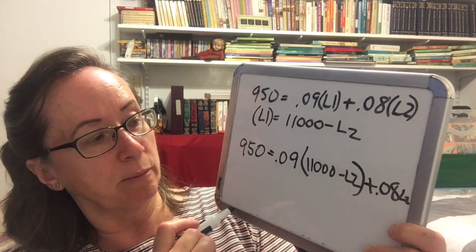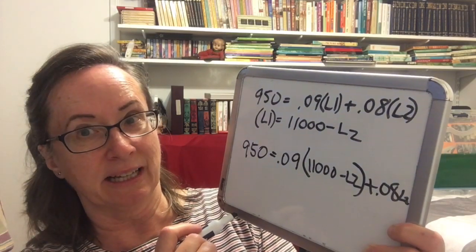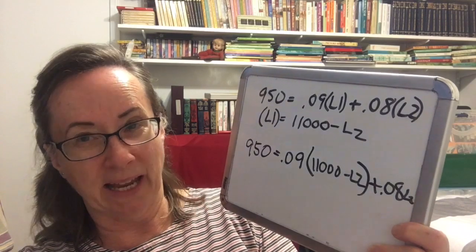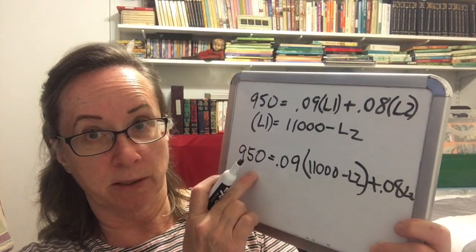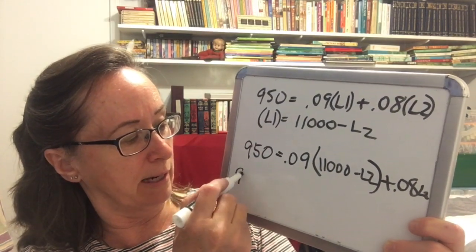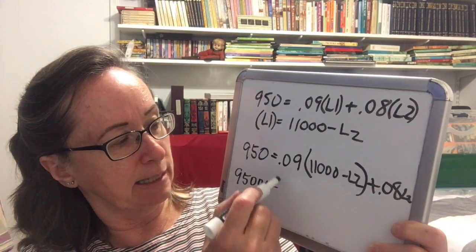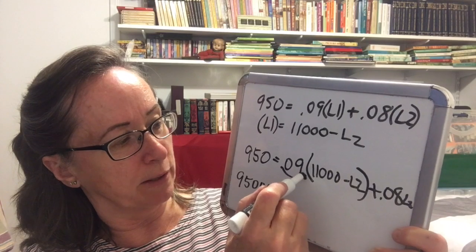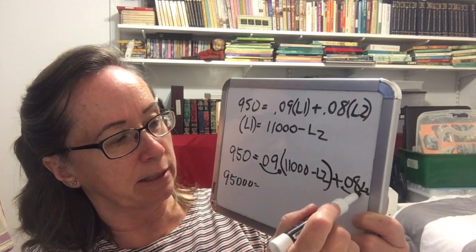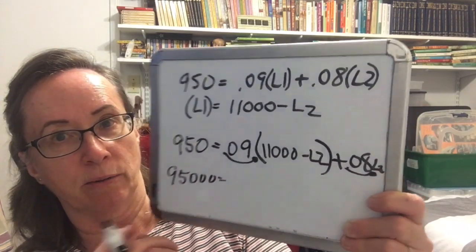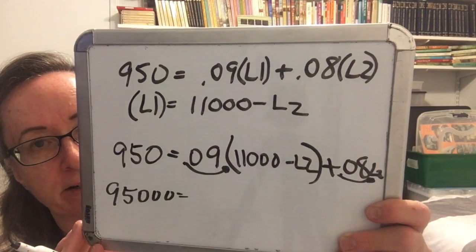One of the things we can do to make this a little bit easier is we can get rid of the decimals. We can multiply everything by 100. We have to multiply this by 100 too. So 95000 is, now we're going to go ahead and move that one over because we just multiplied by 100 on both sides of the equation, and that looks a little bit cleaner.